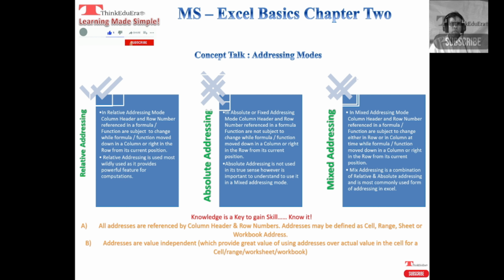So when you use an Excel formula or a function and drag it, that's the beauty of Excel: the references or addresses which a user has used in a particular formula or function tend to move accordingly.